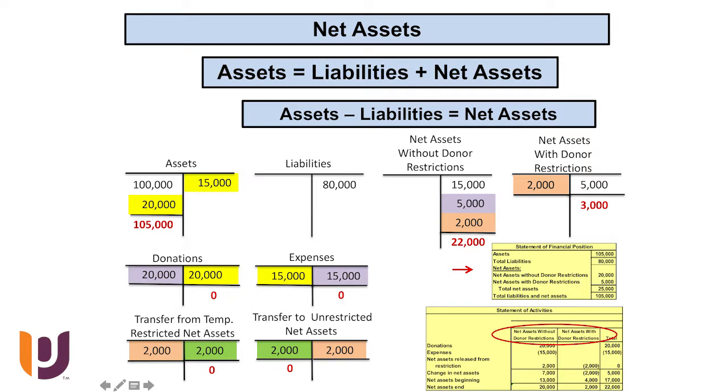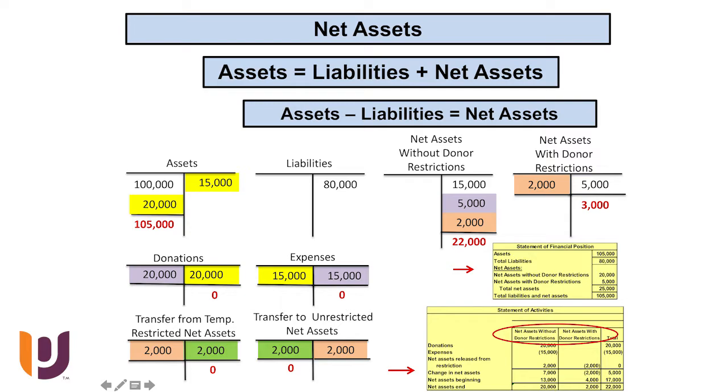We show the transfer between the net assets without donor restrictions and the net assets with donor restrictions. We also show the beginning net assets and the increase or decrease in the ending net assets. For the Statement of Activities, we must show the individual net asset classifications and the total.